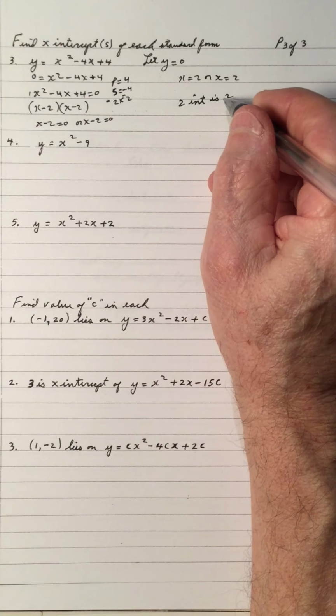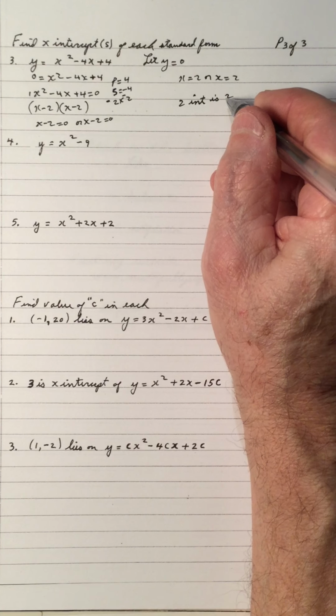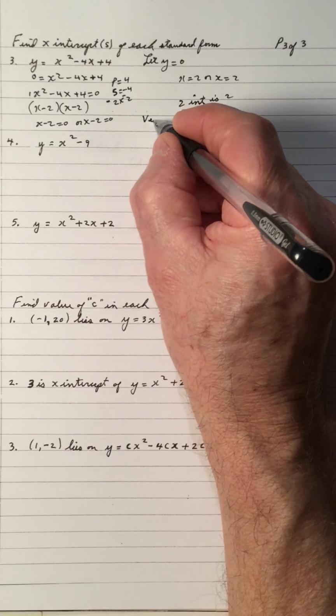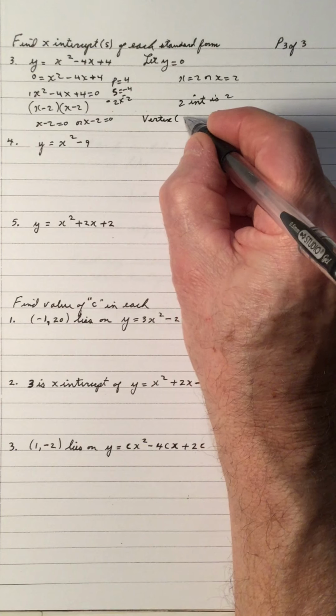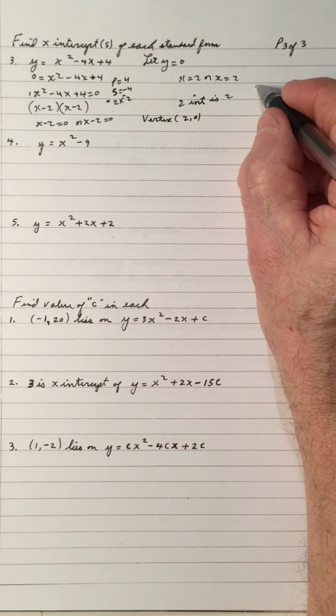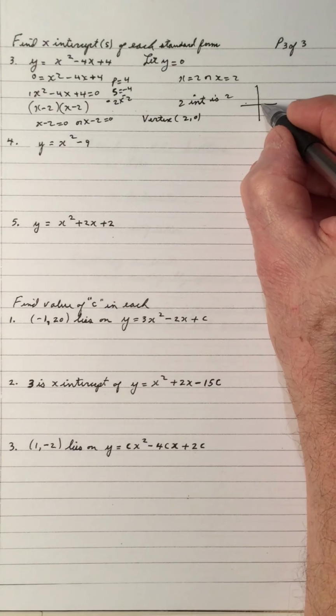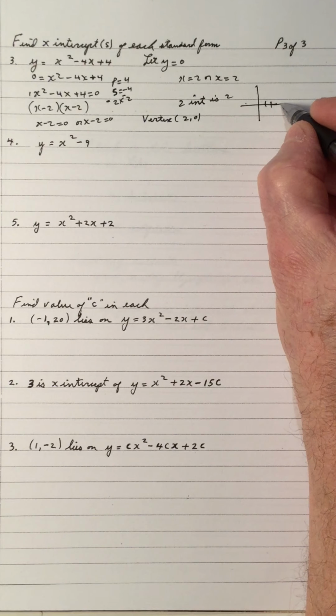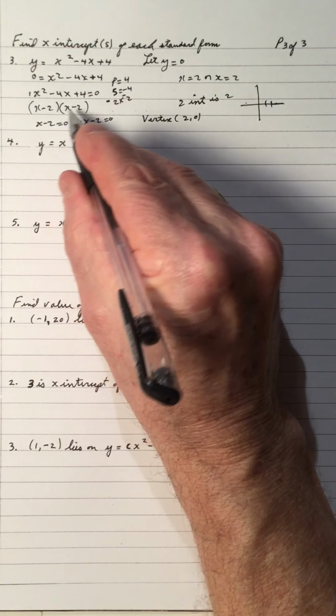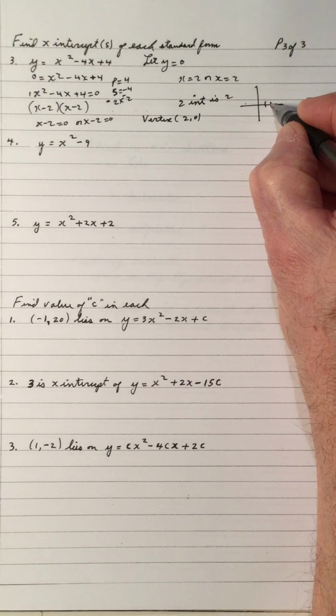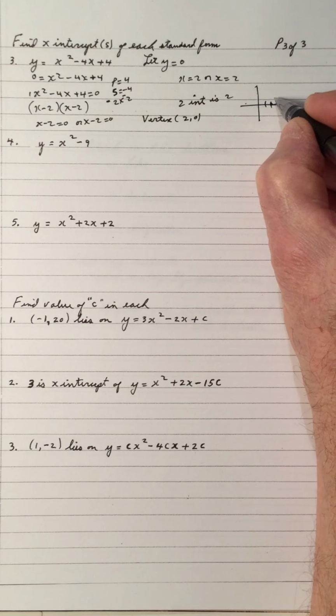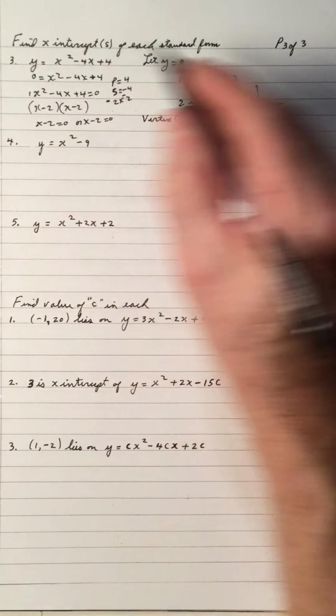That means that if we got 1 x-intercept, 2 is the x-coordinate of the vertex. So the vertex is 2, 0. So that means your parabola touches the x-axis. There's two roots, but they're equal. So the parabola opens upward.